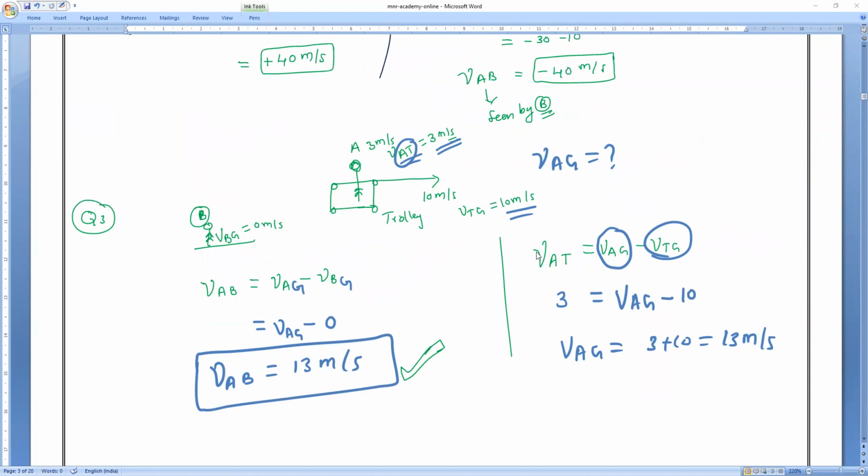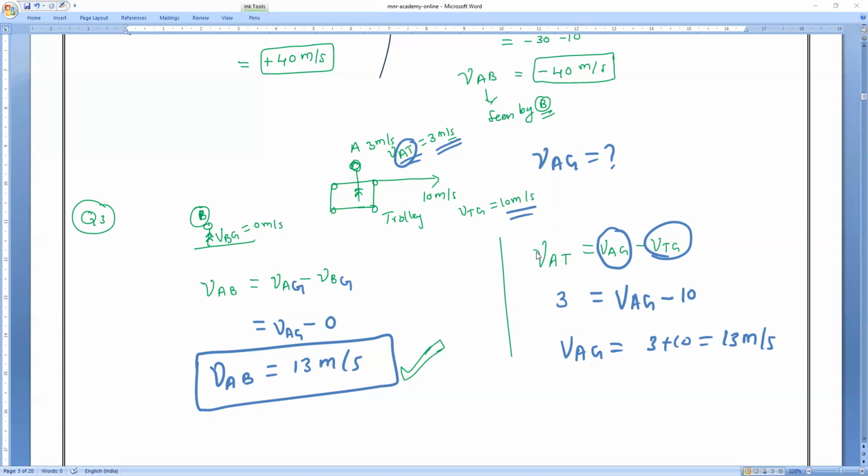This we should understand. Now, if you are traveling in a bus, suppose the bus is traveling at 60 kilometer per hour. Suppose your velocity is 20 meter per second. Now your velocity is with respect to ground or with respect to bus, if you are inside a bus? With respect to bus.